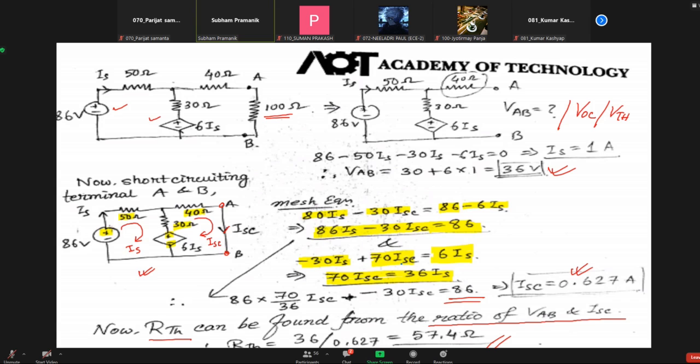The quiz questions will be set from what we learned in these 3 weeks. Sir, up to Norton's and Thevenin's theorem? No, the third week is still available.